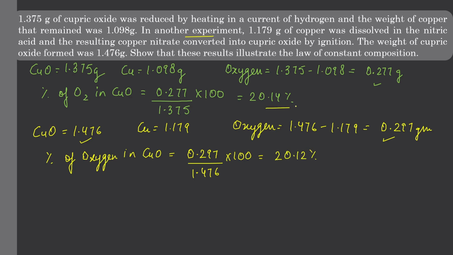These numbers are very near, almost the same. So the percentage of oxygen is the same in both the above cases. We can say this follows the law of constant composition, or we can say proportion. So that is what we are having in this session.